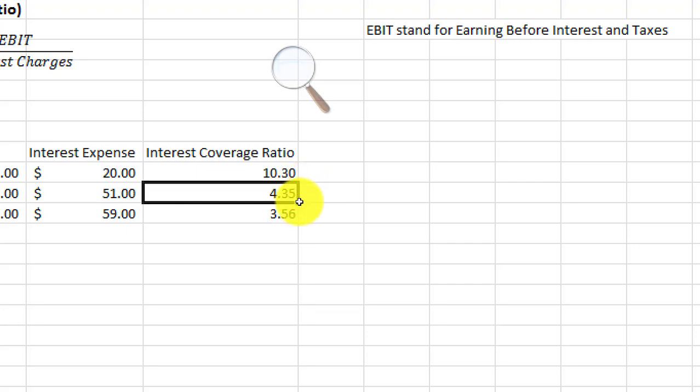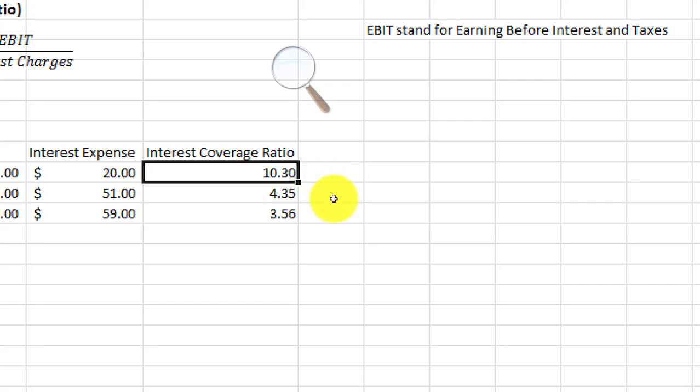Why is it decreasing? It can be a problem for Basket Wonders: why its earnings are going to decrease, and its ability to cover its interest charges is also going to decrease from 2001 to 2003.